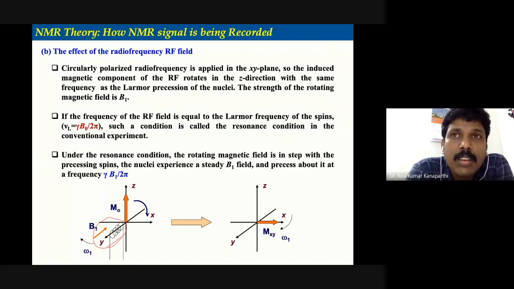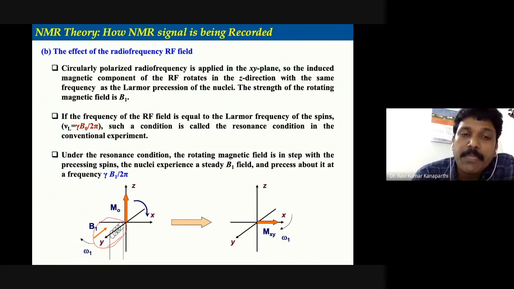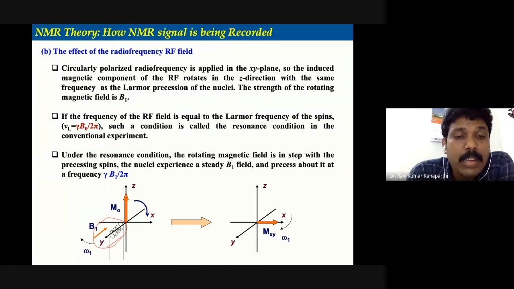If a radio frequency is passing through a coil, according to classical electromagnetism we can observe an induced magnetic field in the perpendicular direction.